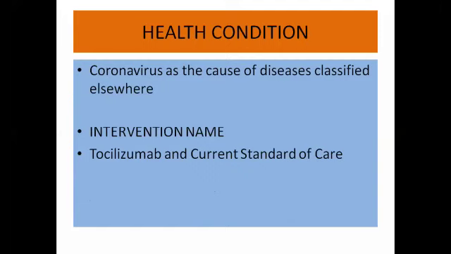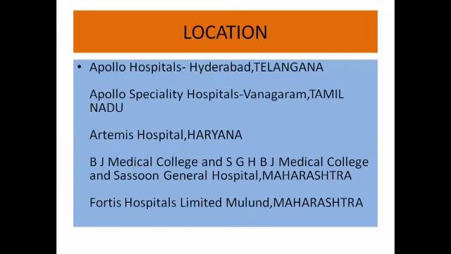For this trial they need coronavirus patients, and the drug they are giving, as you can see here, students, is tocilizumab. On one side they are giving the current standard of care, and on the other side they are giving this drug, tocilizumab. They are doing this trial in Telangana at Apollo Hospital, in Tamil Nadu at Apollo Specialty Hospital in Vanagaram, in Haryana at Artemis Hospital, and in Maharashtra two hospitals are doing it, including Fortis Hospital.